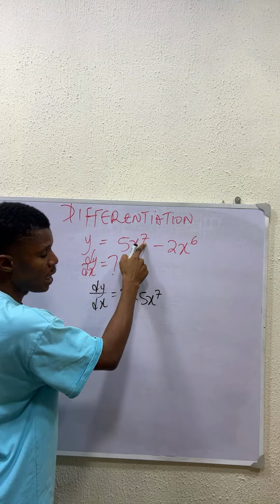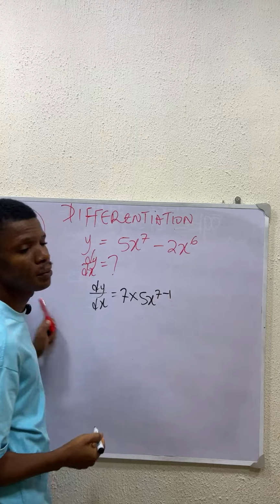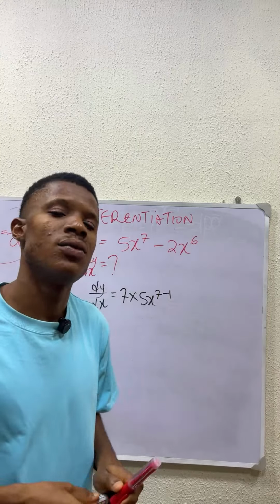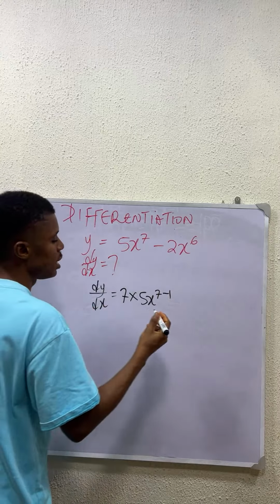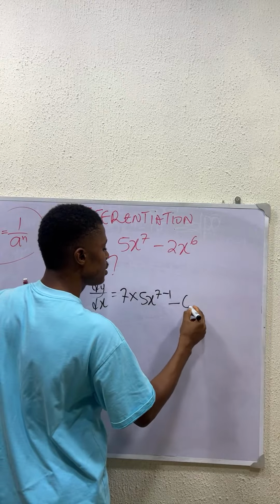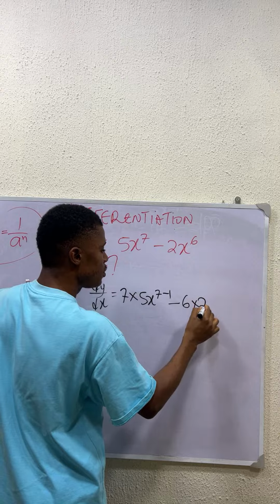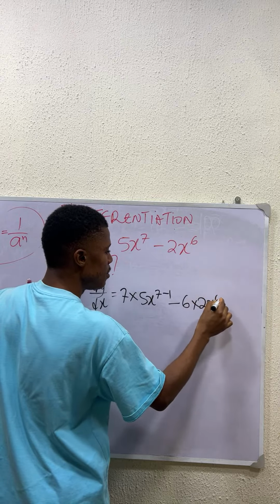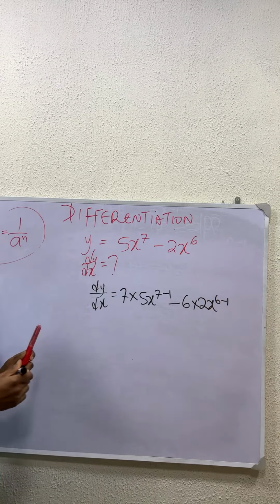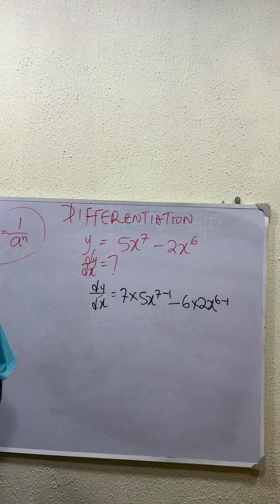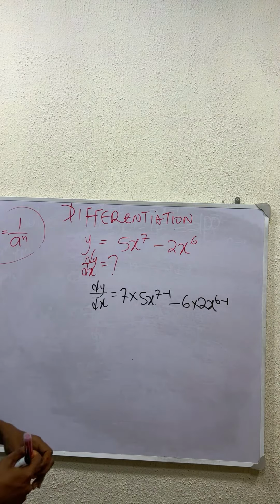When you get this, you subtract 1 from the power. Then you go to the next one, minus: you multiply by 6 because 6 is the power, then times 2x to the power 6 minus 1. If you have this, you are getting closer to your answer.